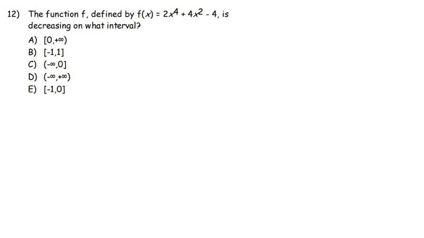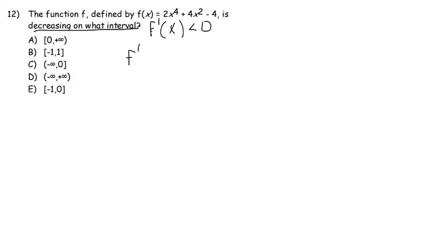So for question 12, same kind of idea. We want to know, where is this function decreasing? Well, if my function is decreasing, then I know the derivative, or f prime of x, we're looking where that derivative is negative or below the x-axis.